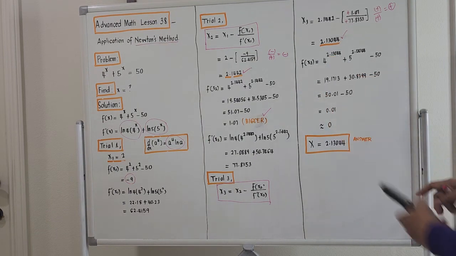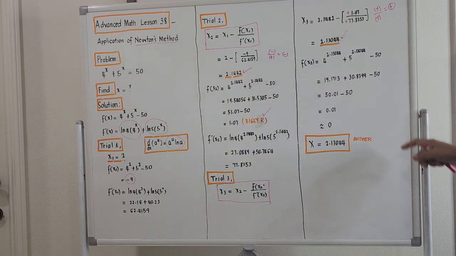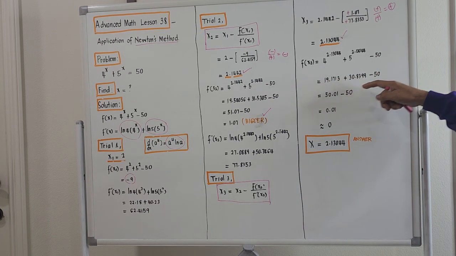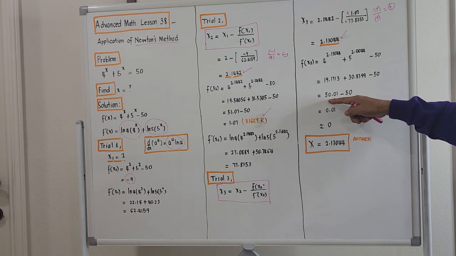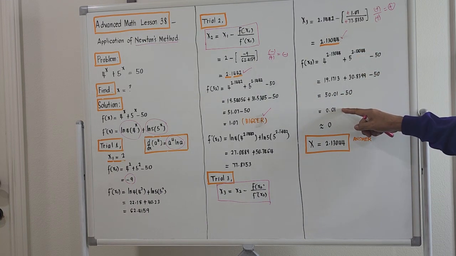Use your calculator. 5 raised to this is 30.8399, minus 50. We take the summation of this, it is 50.01. We subtract 50, the difference is 0.01.